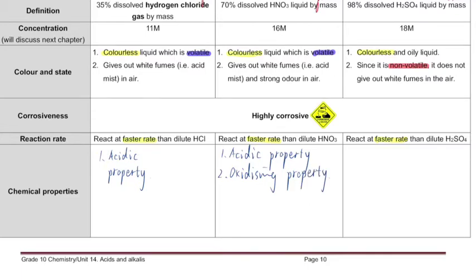Okay, in grade 11, so next year, we're going to have a whole chapter talking about the oxidizing property. So I will not go into detail now. Let's discuss it next year. And then for the last one, concentrated sulfuric acid, again, it will show acidic property. And similarly to the concentrated nitric acid, it can show oxidizing property.